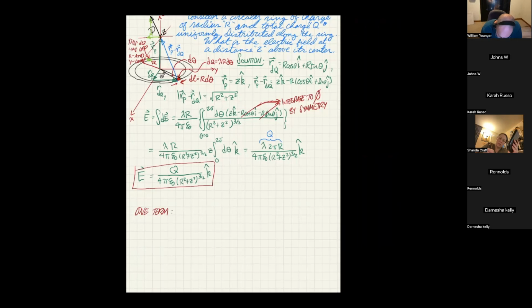So we had lambda r over 4 pi epsilon naught r squared plus z squared to the 3/2. All that came out in front. And then all we had was the integral of negative r cosine theta d theta I hat.